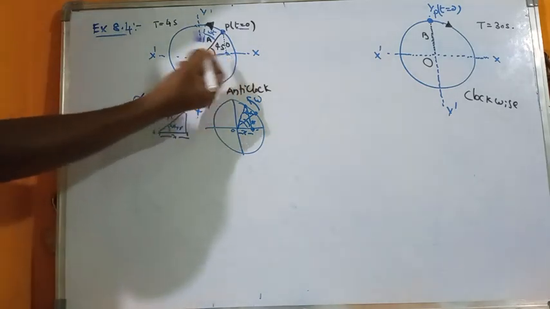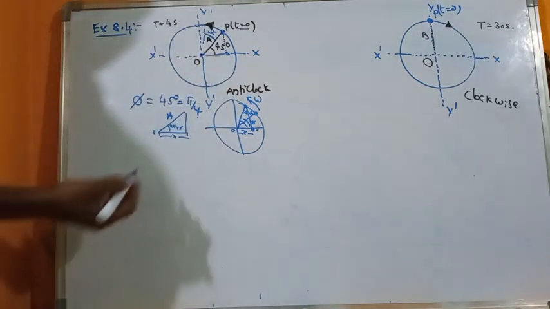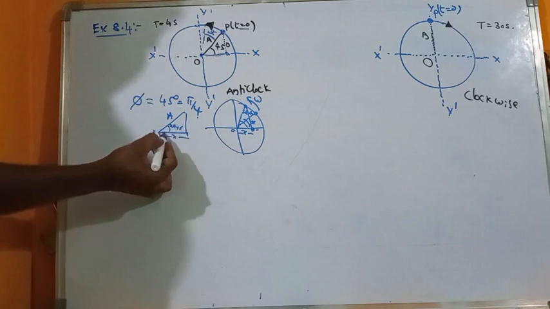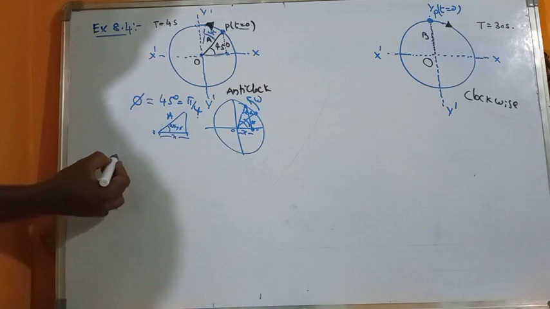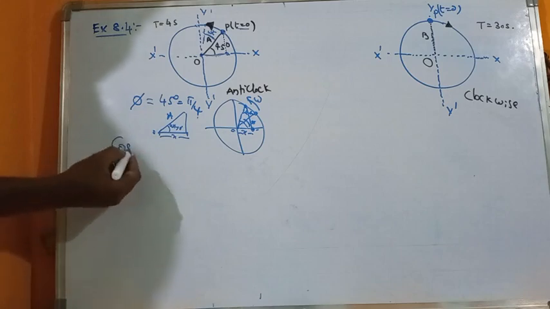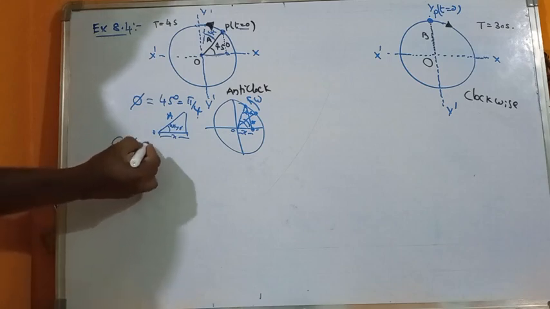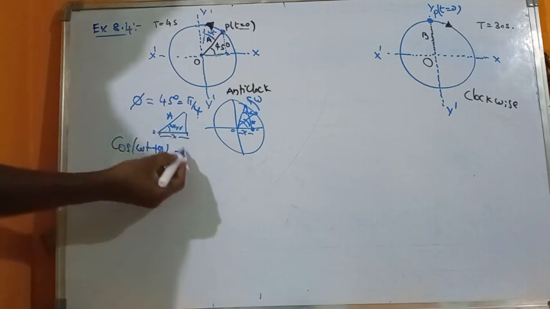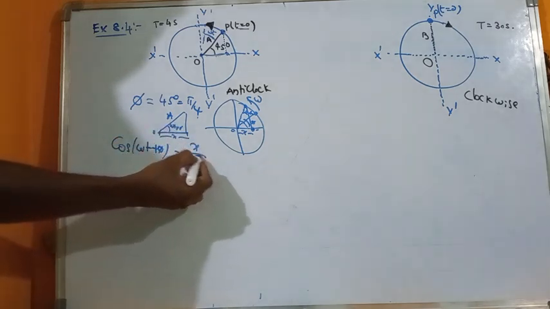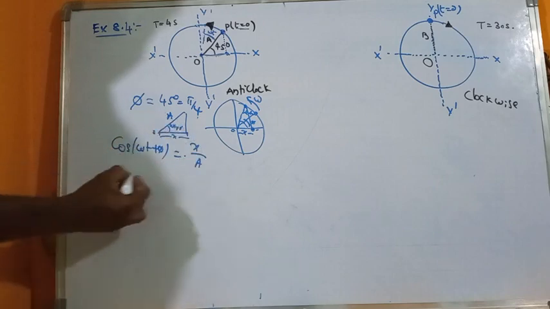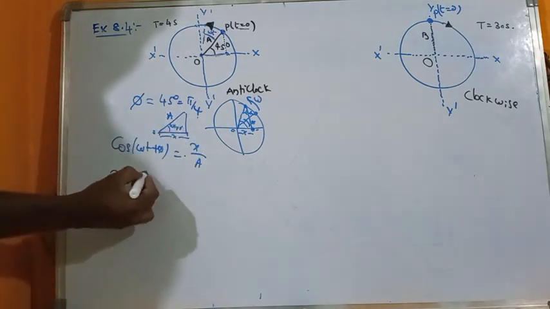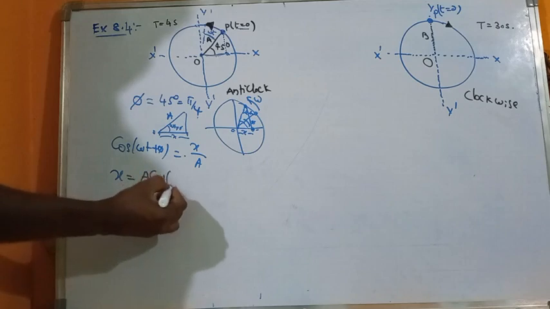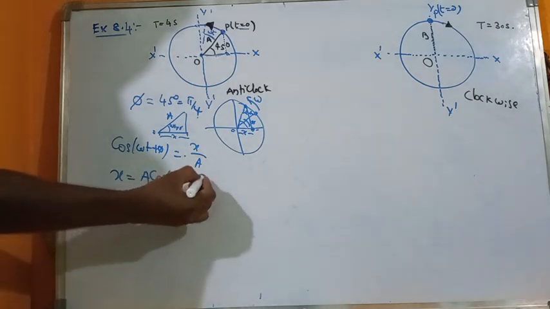For theta, it is the adjacent side, so we use cos: cos(omega t plus phi) is equal to the adjacent side, x by a. From that, x is equal to a cos(omega t plus phi).